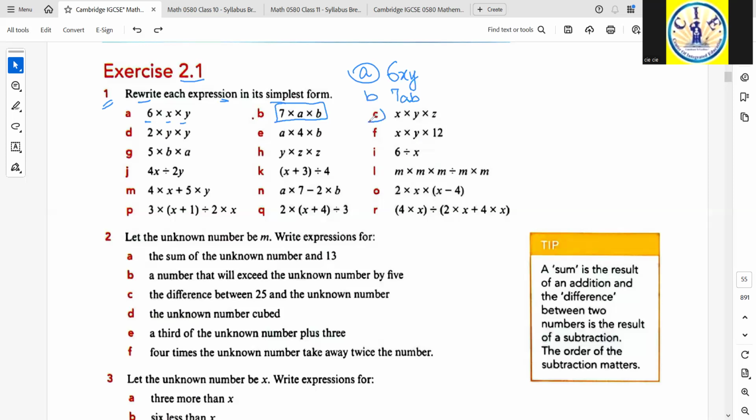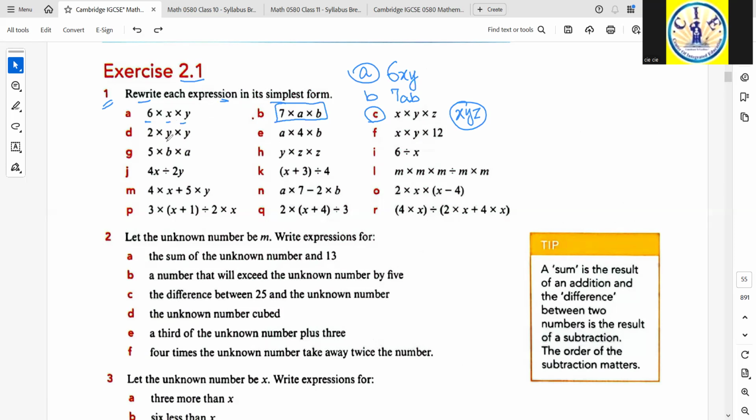For part C, we would be writing them xyz. That means we just need to eliminate this cross sign, which is for multiplication, and xyz written like this. That actually means that the variables x, y, and z are being multiplied in algebra.